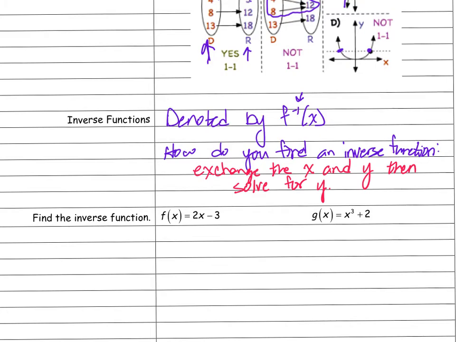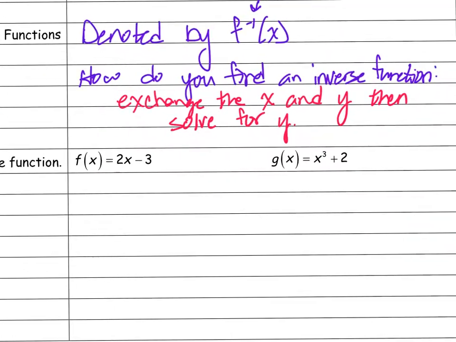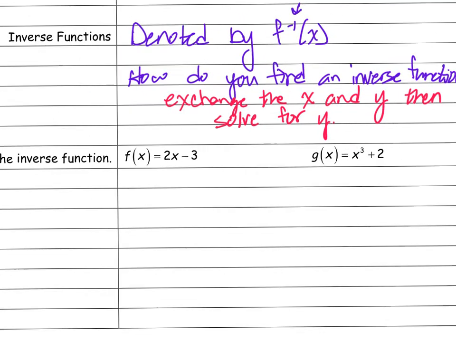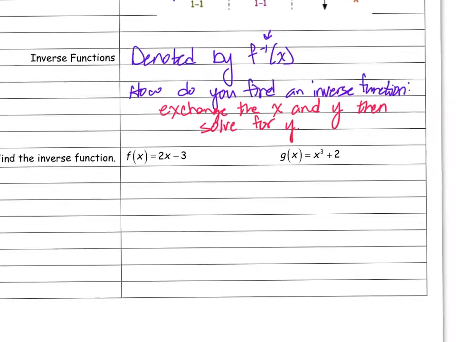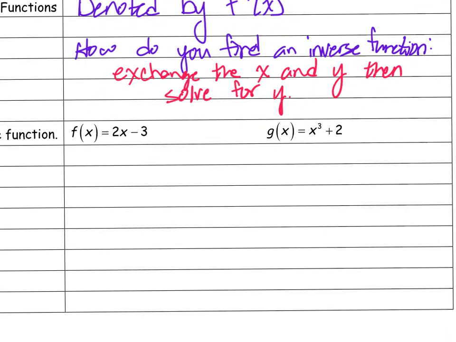And I'm just going to slide up just a little bit because we have two examples right here. They want us to find the inverse function. Now I'm going to make it a little bit bigger here so we can see what we're doing. So first of all, I see the x, my x is here, but where's the y at?